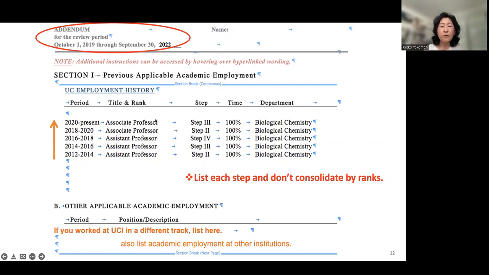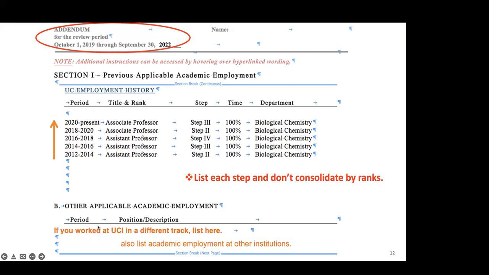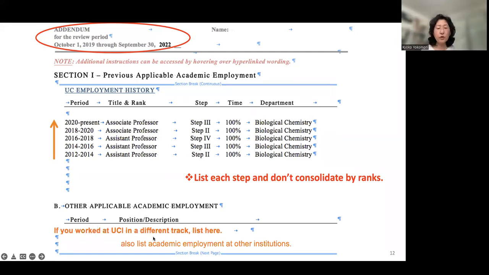For the employment history, you need to actually break it down to each step, and the departmental analyst should be able to help you with the exact dates. Also, if you used to be a different series, like a researcher and then became a faculty member, that should be listed in section B. And if you had academic employment at other institutions, that can also be included here.